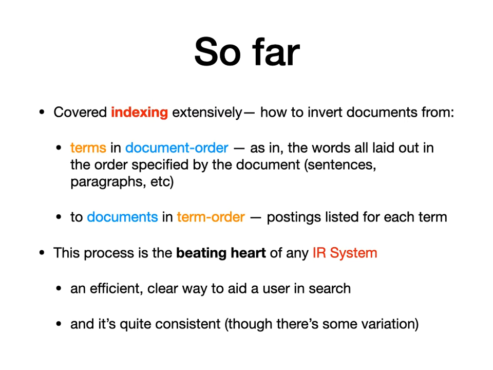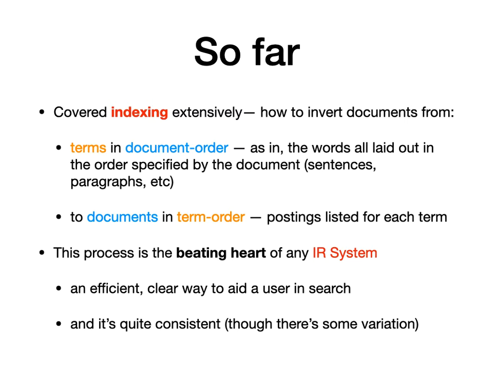We've covered indexing, and indexing is the big thing, right? The big thing that we do, the big tool that we use to make sense of our documents and turn them into a searchable system, right? And that process is inverting the documents from all the terms in the documents in their document order, which is the sentences, the paragraphs.